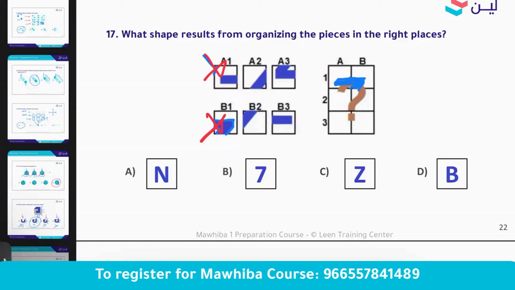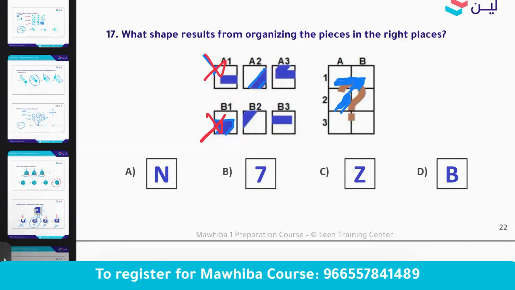Now let me move on to A2. What's going on with A2? I'm gonna start a little bit below the corner and draw a tilted line like this. I'm gonna color it.